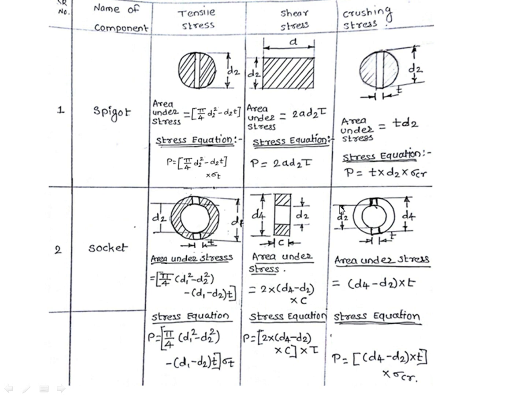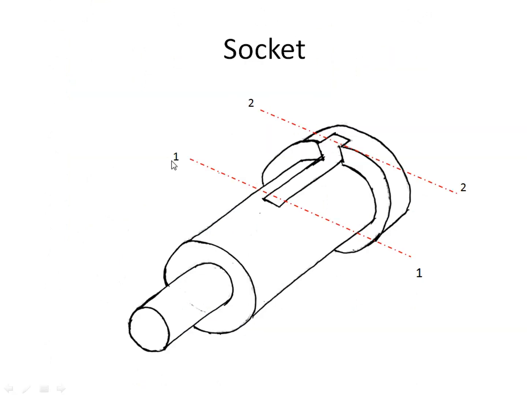Next we'll discuss the strength equations for socket. The socket is also subjected to the same stresses to which the spigot is subjected. The tensile stress in the socket is induced at the weakest portion, which is indicated by 1-1. The shear stress is induced in the socket in the region from end of socket collar to the end of slot, which is indicated by small c.